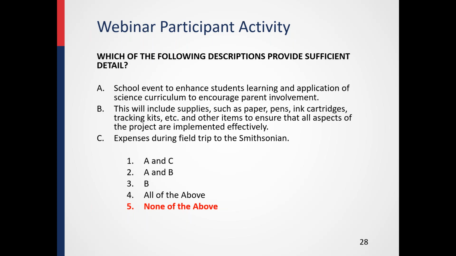At $20 per student, something like that, because that lets me know where the total amount came from and whether or not that's reasonable. It also lets me know that the field trip was part of the 21st century program that was approved in the application.